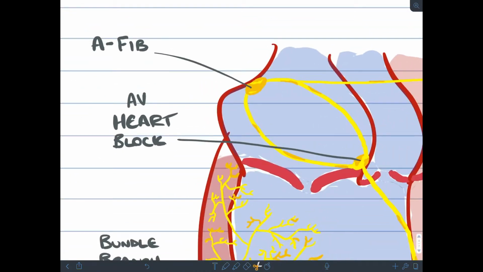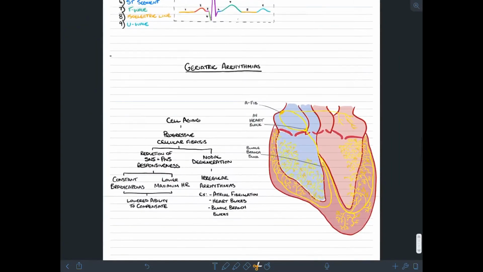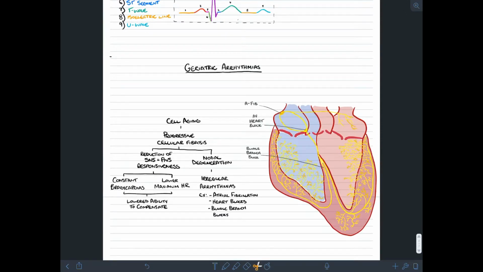If we take a look at our SA node, we start to see nodal degeneration within the node itself. When this nodal degeneration gets to about 90% or so, it has a really hard time sending P waves and sending that electrical output that it normally does. If I draw it out, I'll show you.